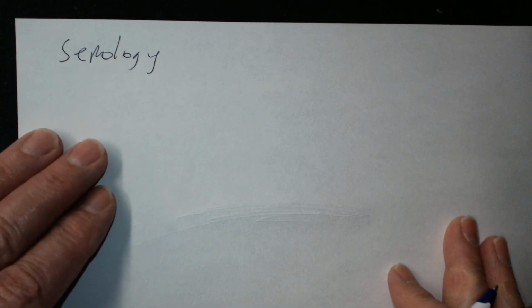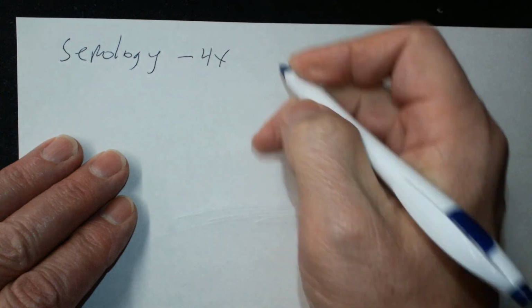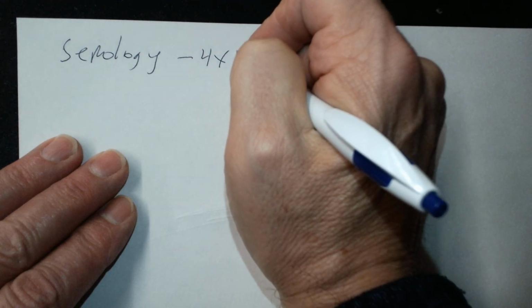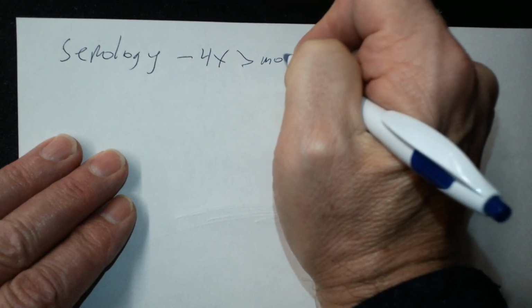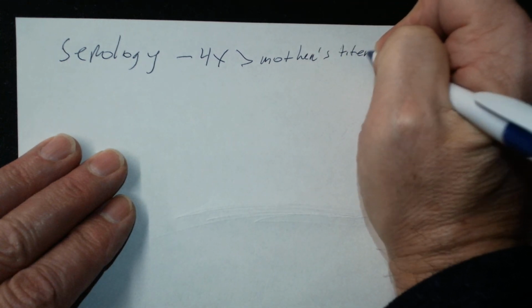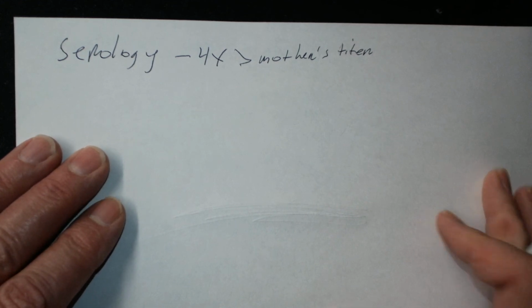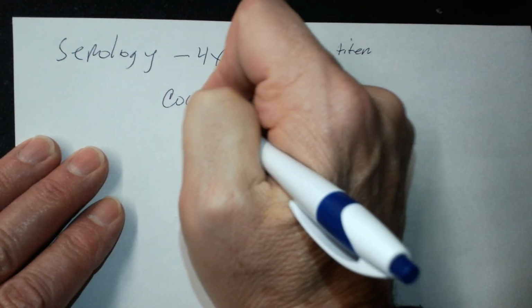And if the baby's serology titer is 4 times greater than that of the mother's, that suggests the baby has congenital syphilis.